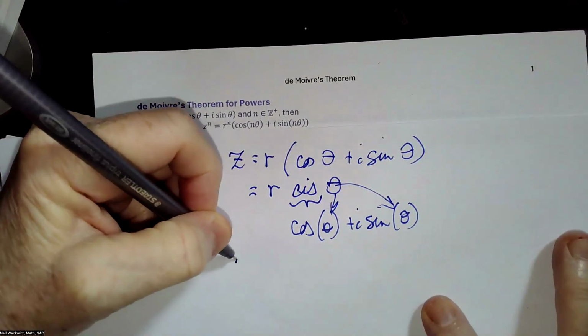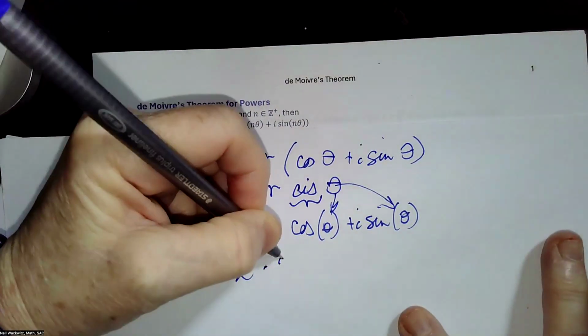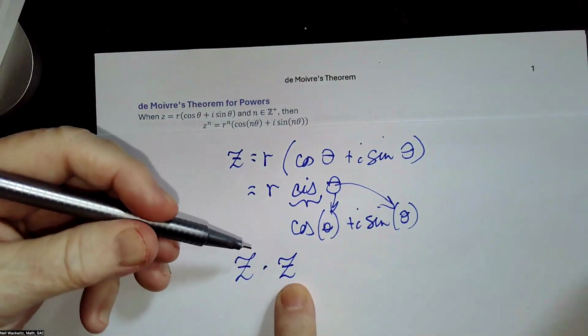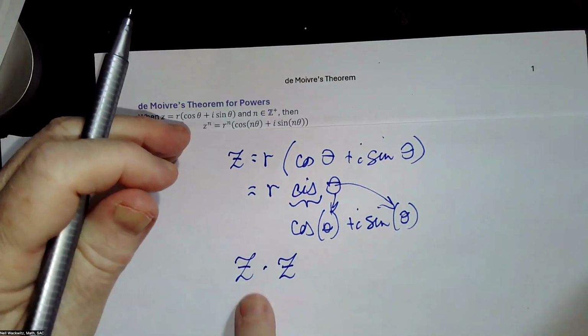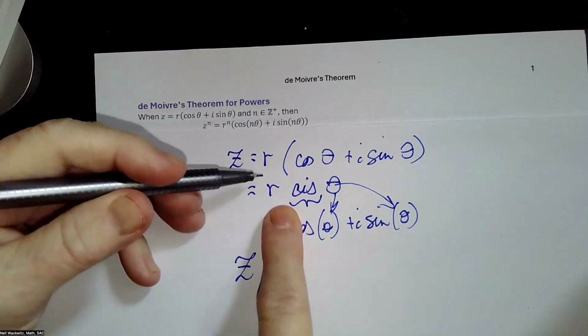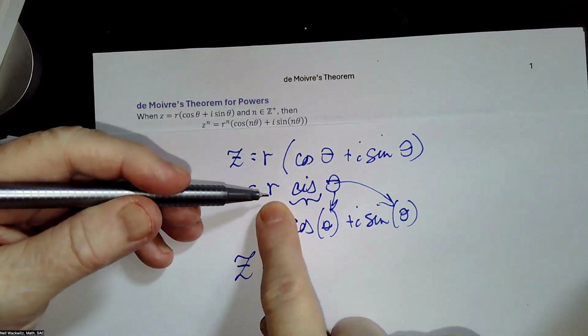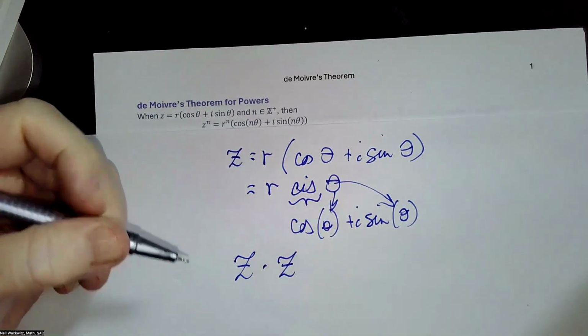And if I have z times z, we said that products are found by multiplying the modulus and adding the argument.